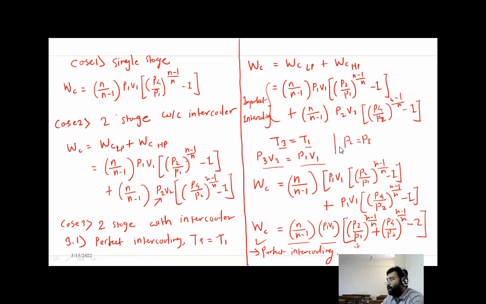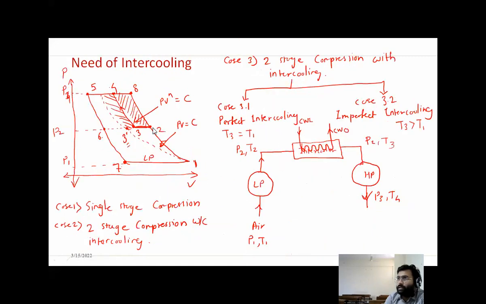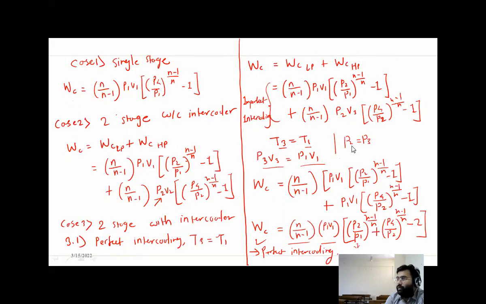Now also P2 is equal to P3, right? Intercooler pressure is constant. You can check the indicator diagram also: pressure at point 2 is equal to pressure at point 3. So write down P2 is equal to P3.